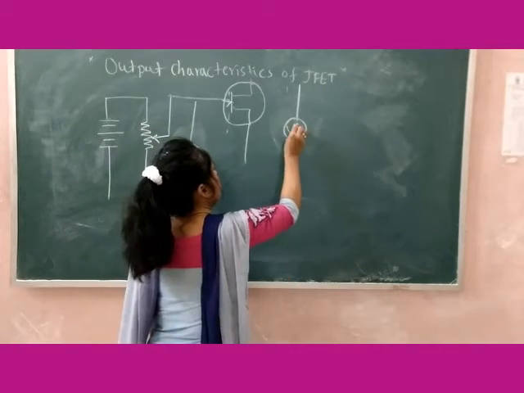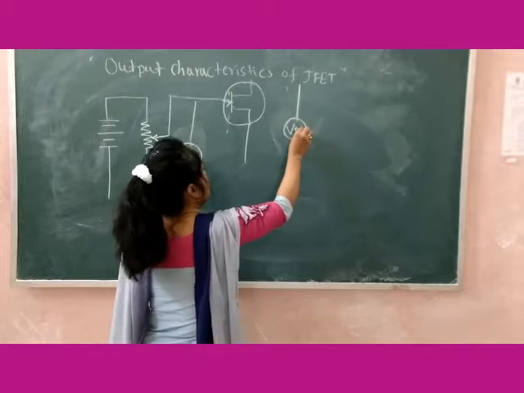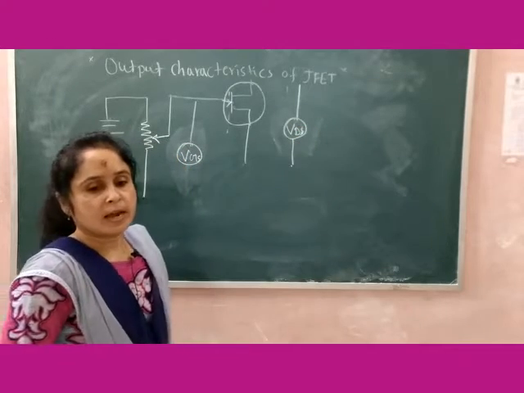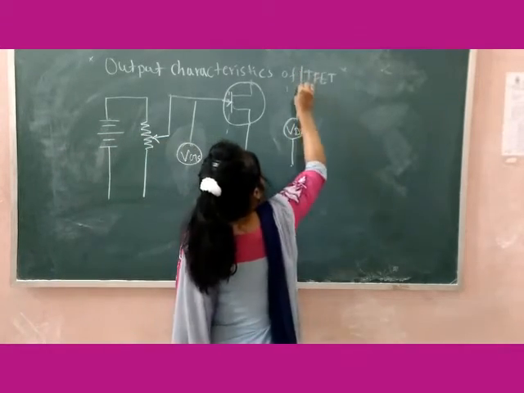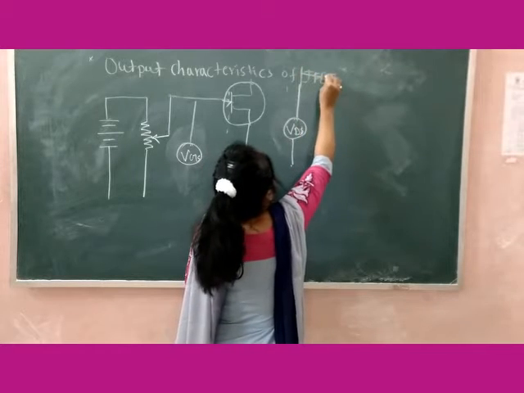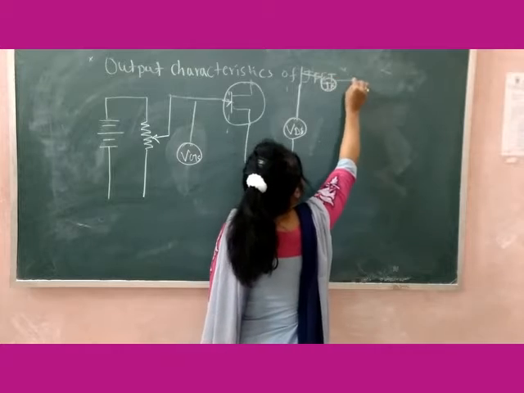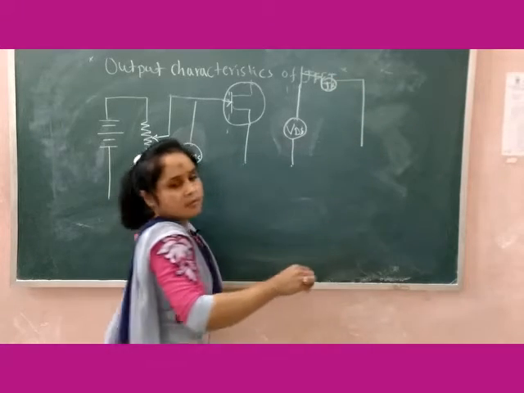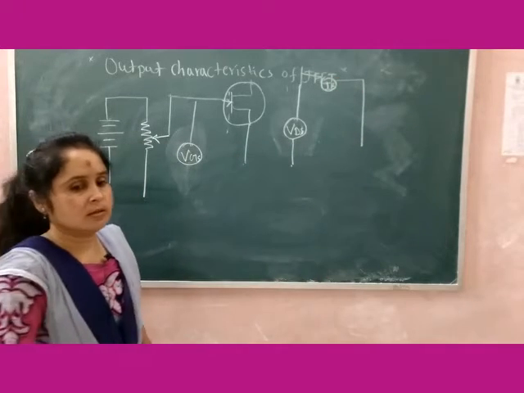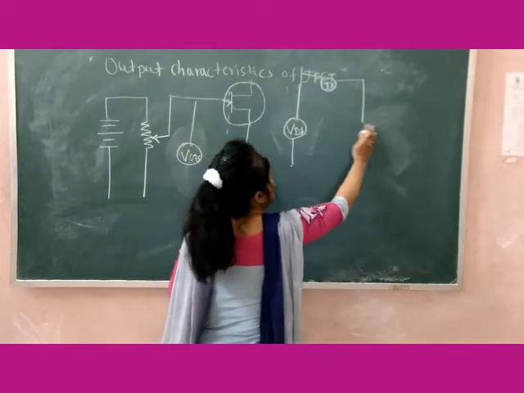Sorry, here VDS is the drain source voltage, and here is the characteristics of current IB that we have to produce in that circuit.